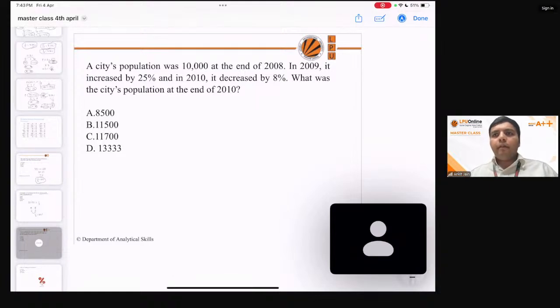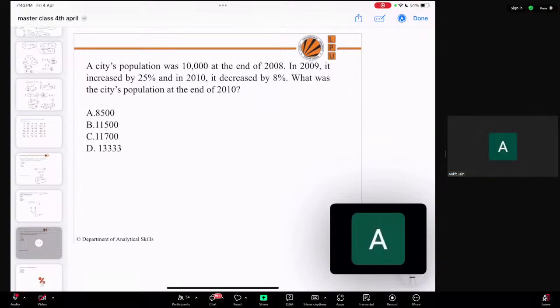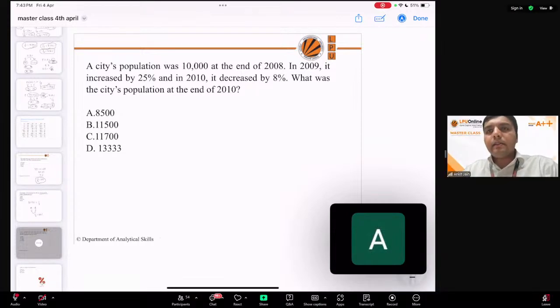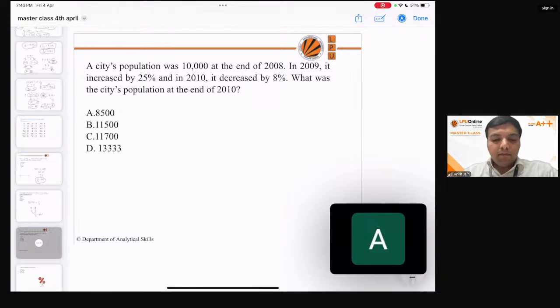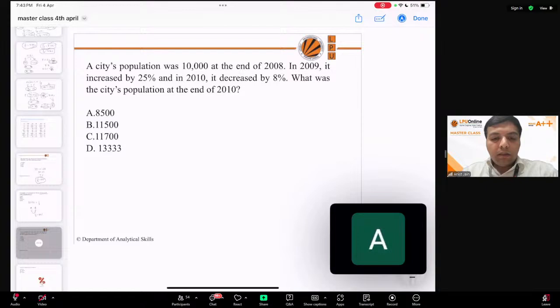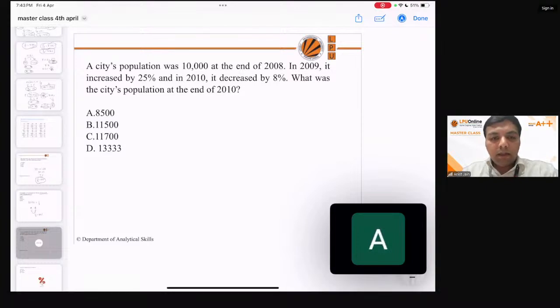25% is 1 by 4 and 8% is 2 by 25. Yes, Jyoti gave the right answer. Very good. So first step is the same.